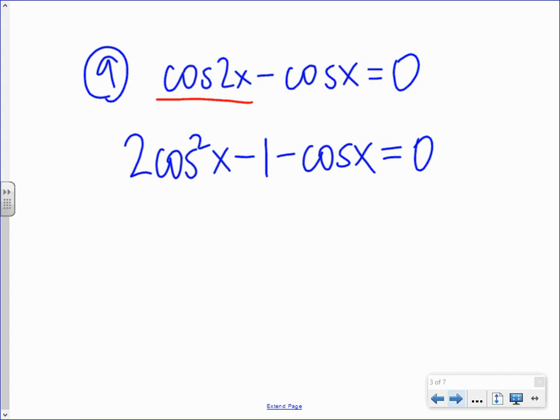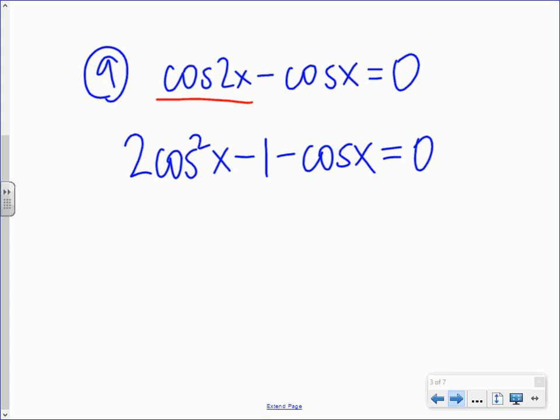Now, doing it this way, we have a trinomial where if we rearrange that negative 1 and minus cosine x, if we just trade places, we have a trinomial that we can solve. I'm not actually going to go through that, but I just wanted to talk about a case where we have to choose which cosine one to pick. If the other one was a sine of x, then you may want to choose the third one listed, so everything's in terms of sine.